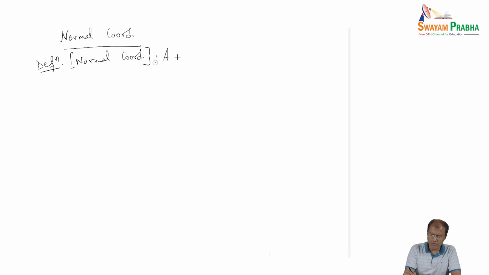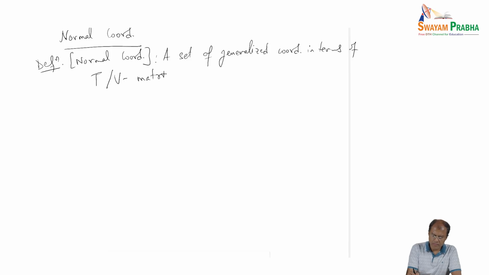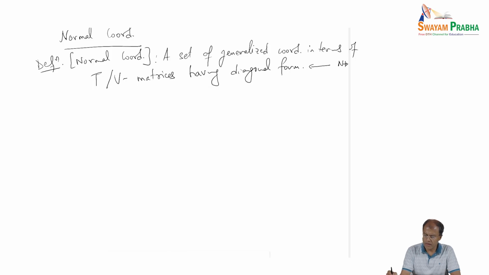A set of generalized coordinates, in terms of which the T and V matrices have diagonal form, is called the normal coordinates.